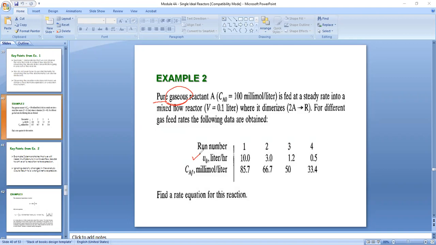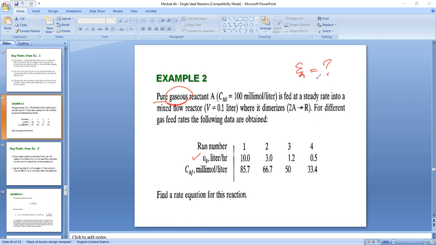So I have emphasized this when we were discussing variable volume batch reactor data, that whenever the reaction is gaseous, even if the problem is silent about it being constant pressure or variable volume, it is automatic that you determine epsilon A. It is automatic that you should not forget to determine epsilon A.